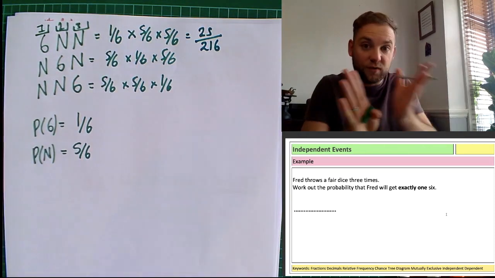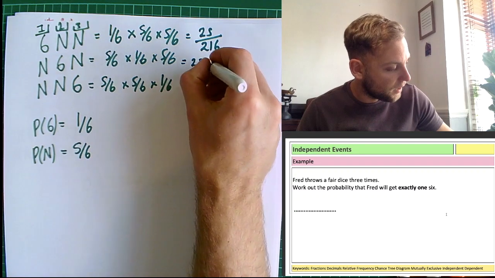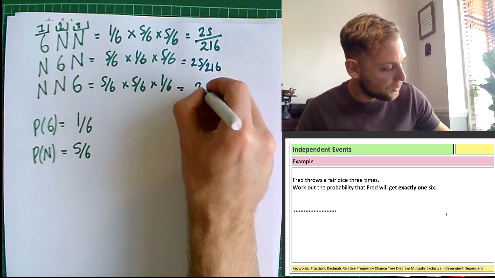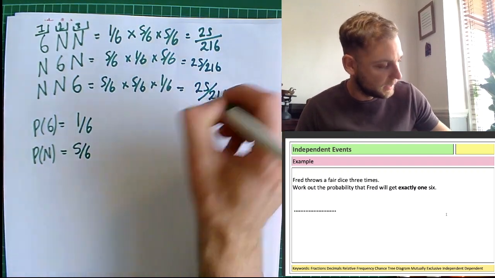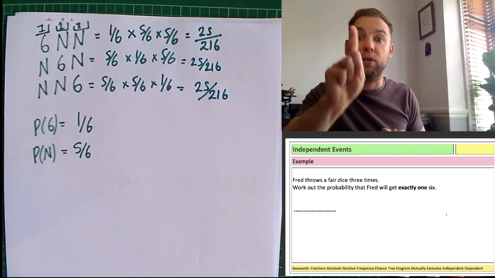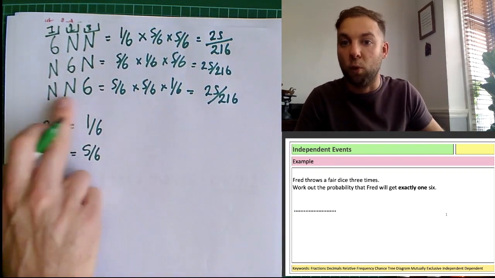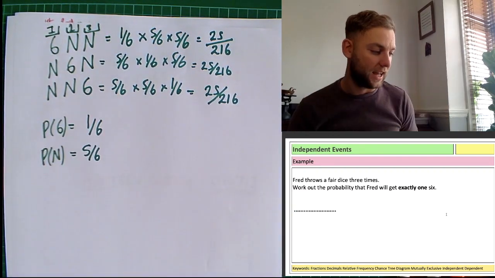Now, because these are just variations of this being moved around, this one here is equal to 25 out of 216, and this one here is also equal to 25 out of 216. So these are the different options of getting one 6. Look, there's only one 6 in this, only one 6 in this, only one 6 in this, and these are the only options you can get.